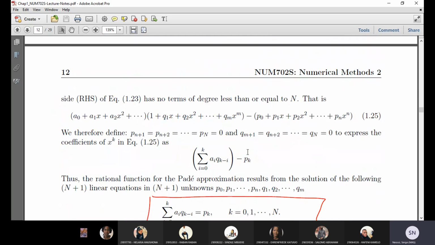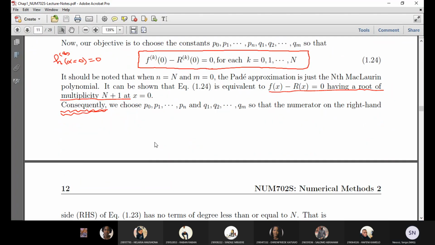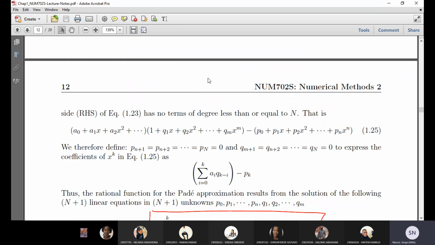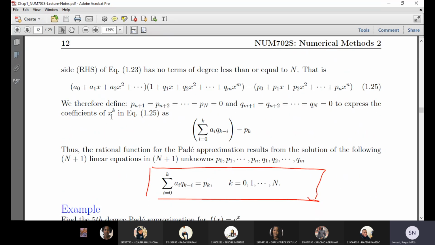In the process, to set this to be 0 for k running from 0 to capital N, we need to find the coefficient of x^k. For that purpose, we expanded this expression and grouped all the terms, and we saw that the coefficient of x^k is given by this formula.